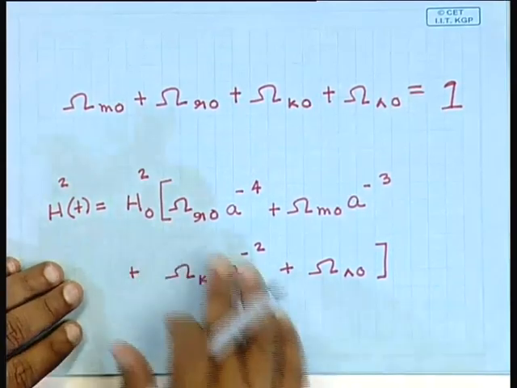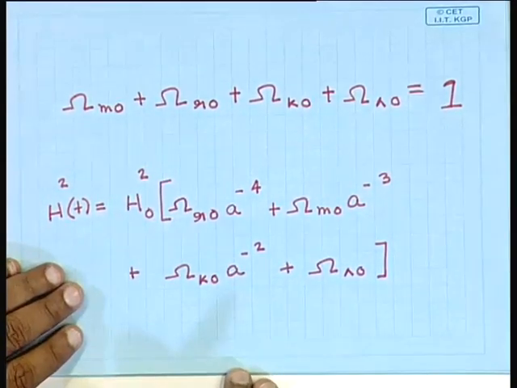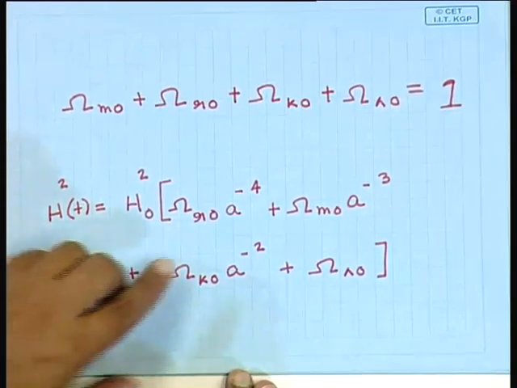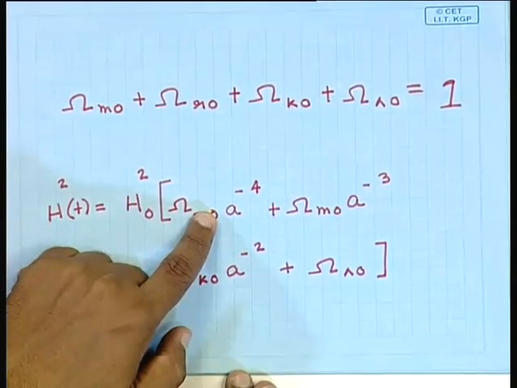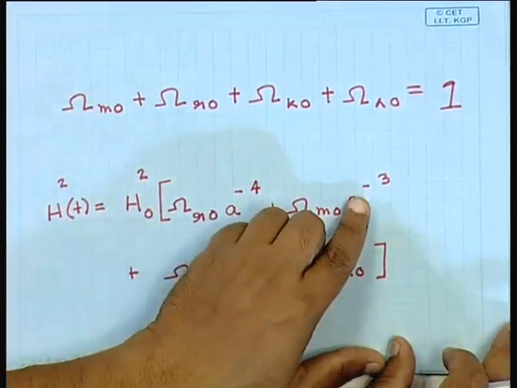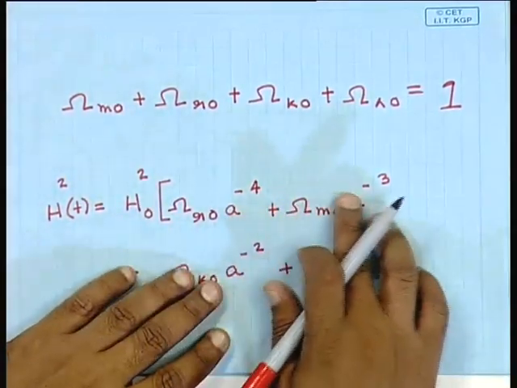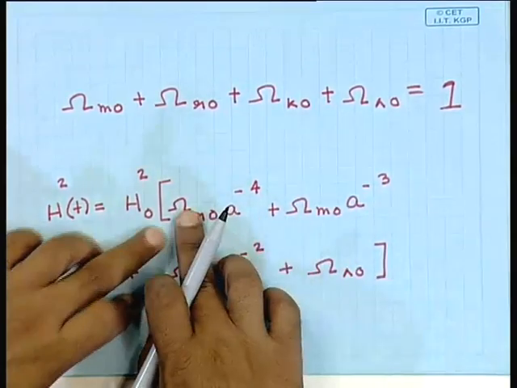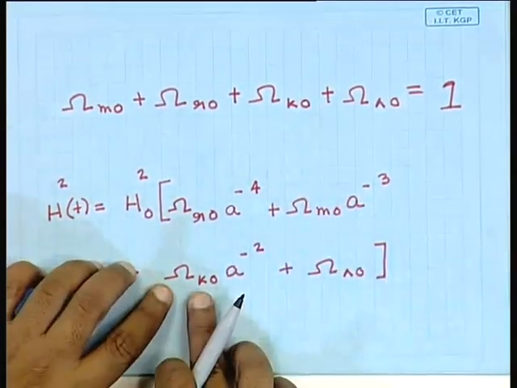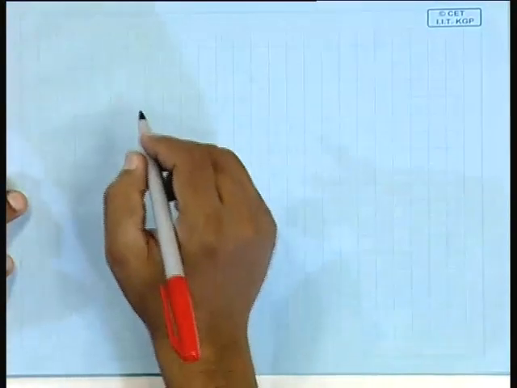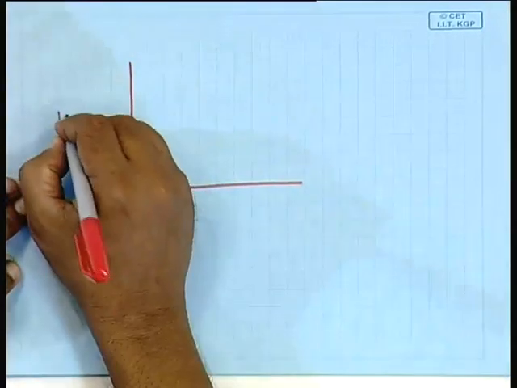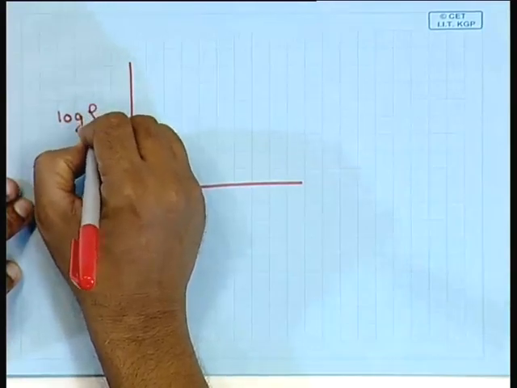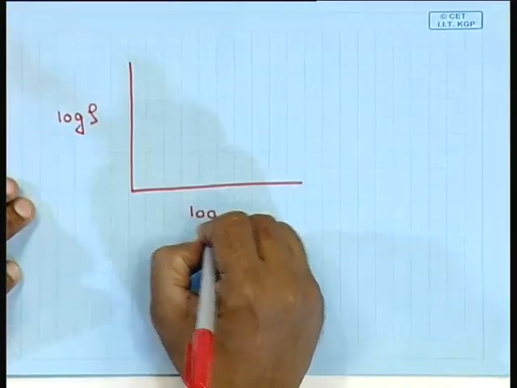So, what you can say from this is that when the scale factor is small, this term is going to be the most dominant term, and then as the universe expands, the scale factor increases, this term is going to lose out to this term, and then this, and then this. So, I can make a diagram of log rho versus log a.